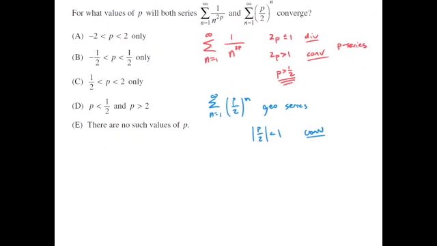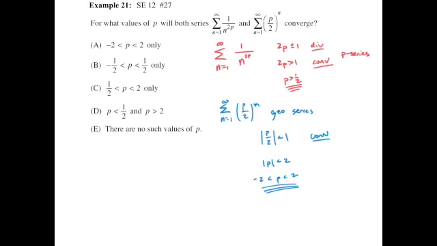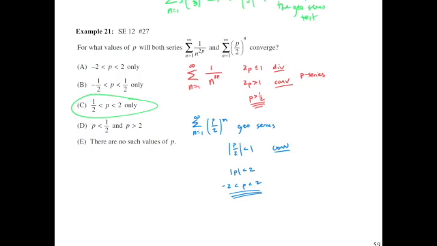And if we take the absolute value of p and multiply by 2, and then set up our interval here, we get -2 to 2, not including either one because of the geometric series definition. So we're looking for an overlap of p greater than 1/2 and p in between -2 and 2. And so what we settle on here is option C, which is that p is greater than 1/2 but less than 2 only. All right, let's move on to the next page and our last example.